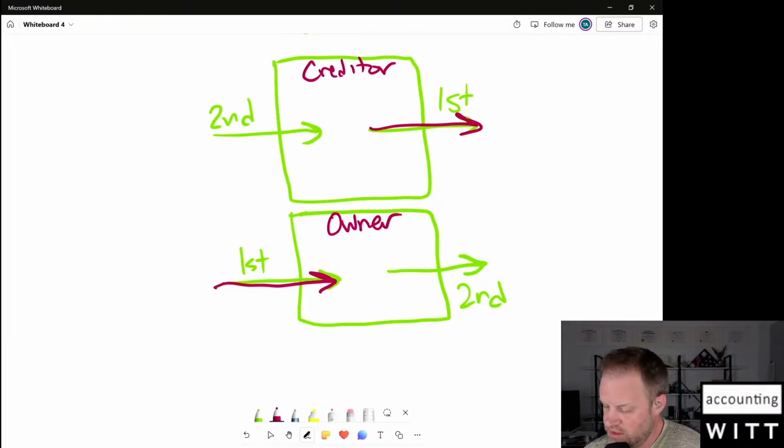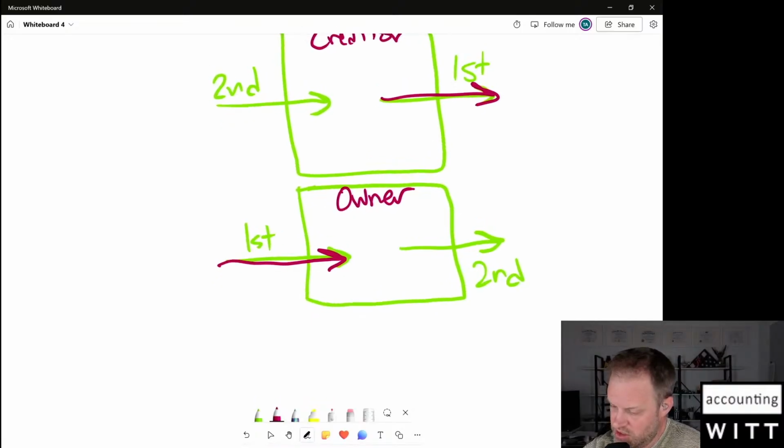So how can we demonstrate this game where it's, all right, creditor's not going to go putting anything in until the owner does, and the creditor gets theirs out first before the owner. And we want to show kind of this layer of abstraction.